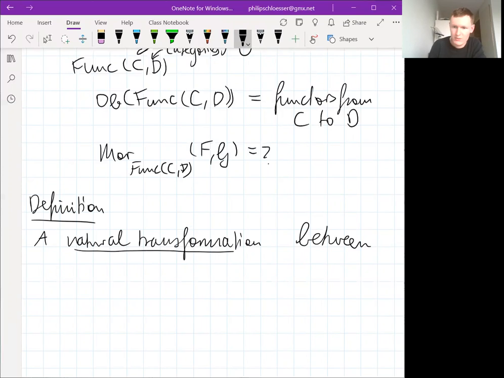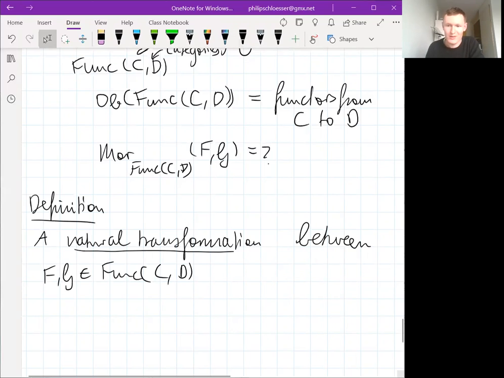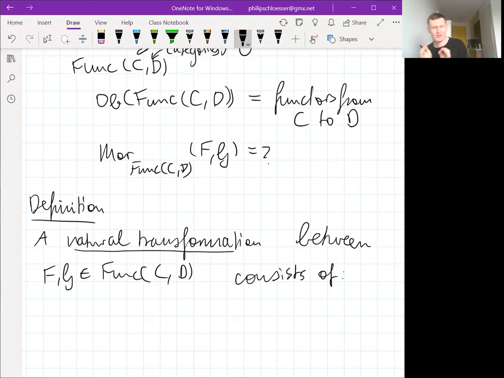A natural transformation between two functors F and G between two categories C and D again consists of the following data. We have two functors, and those functors operate on categories.